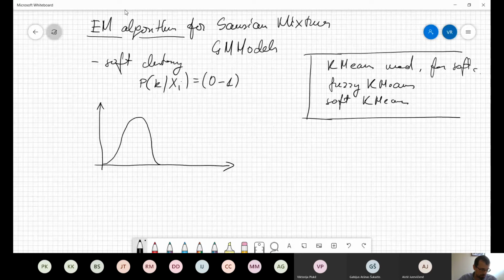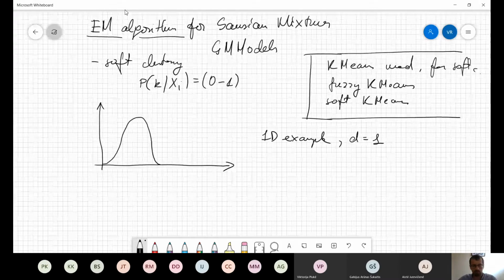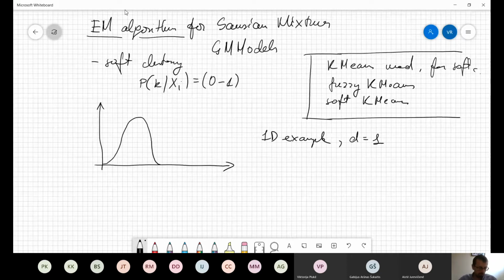We will be looking at a 1D example first, for the simplicity, where dimension equals 1. Because it's easier to draw and easier to explain, and once you know how it's actually handled and what the essence of the algorithm is, then we will turn to the multivariate case. So this will be something like an addition to that.